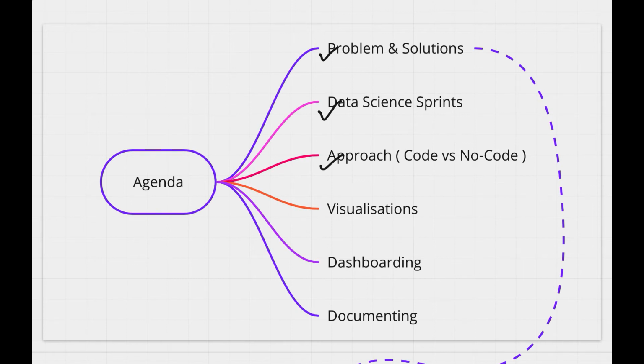And also, we'll see how you can effectively use visualizations to improve the delivery of the content of a data science project. We'll also see how you can create dashboards to convey important information and messages through very transparent and easy to consume reports. Also, how we can document the whole process so that we can improve and learn from what we are doing.